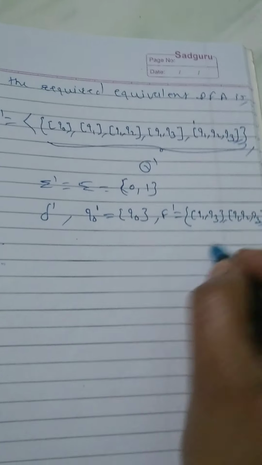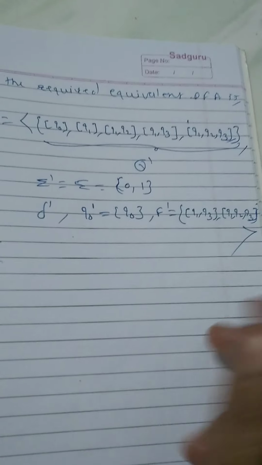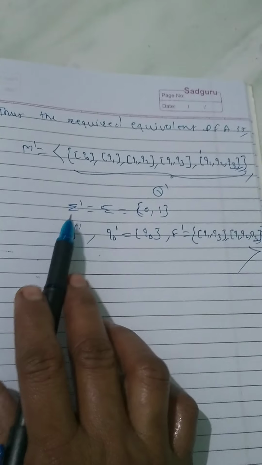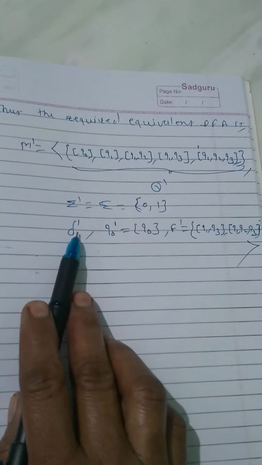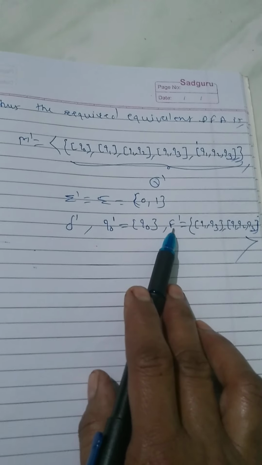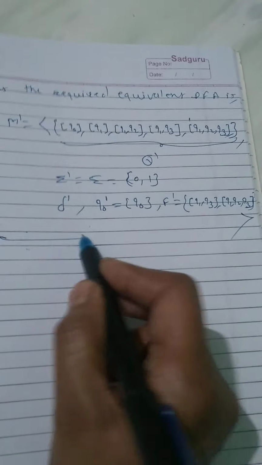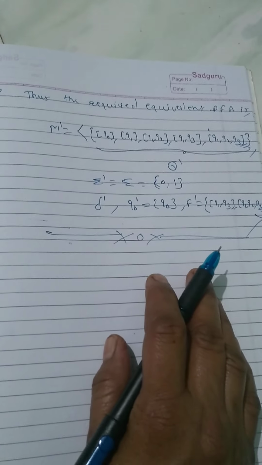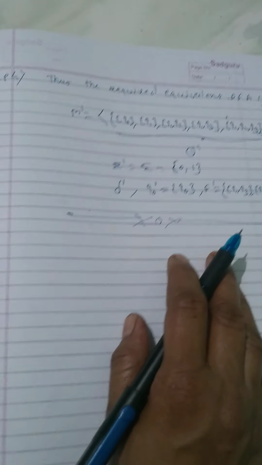These are nothing but the states. So this is the final answer: Q dash, sigma dash, delta dash, Q0 dash, F dash. So this way we can convert the given NFA without epsilon moves to its equivalent DFA.